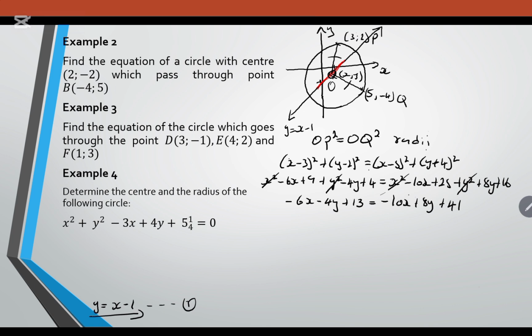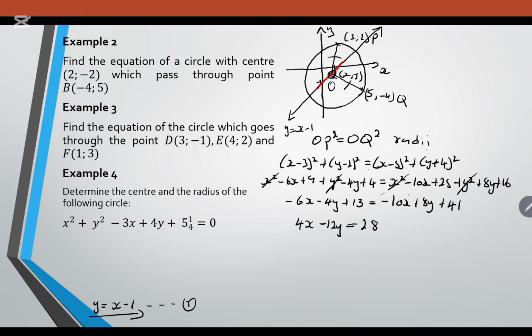Now we put like terms on one side of the equal sign. So this will be 4x minus 12y is equal to 41 minus 13, that is 28.